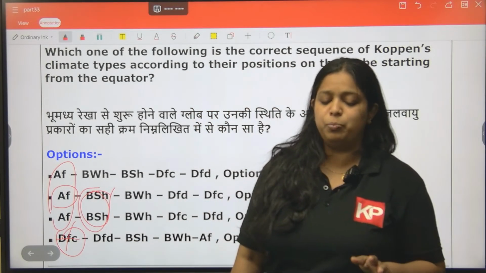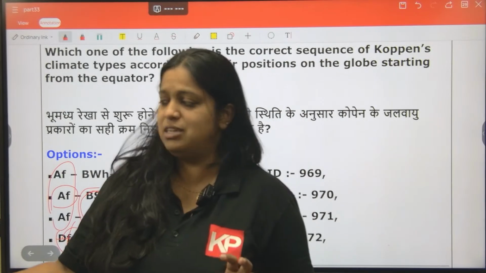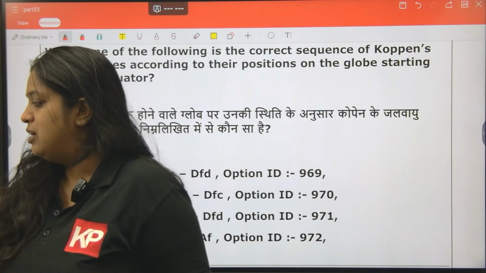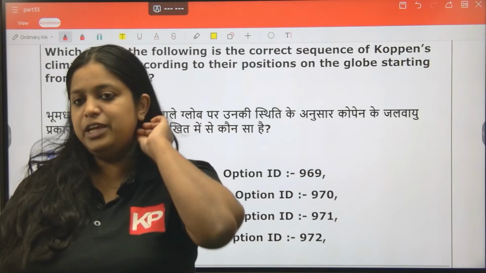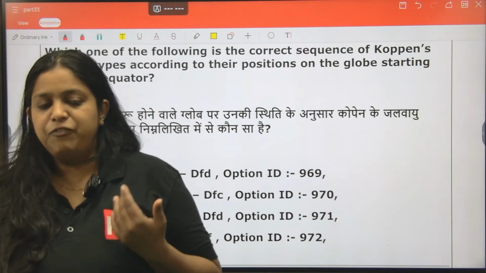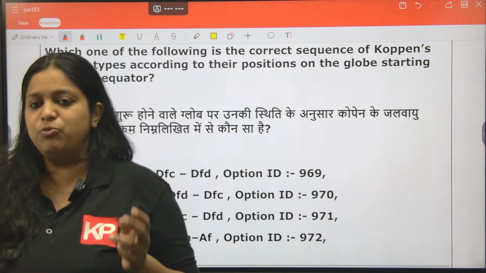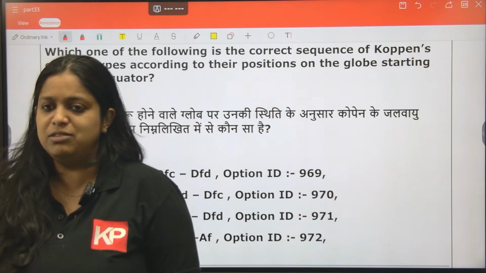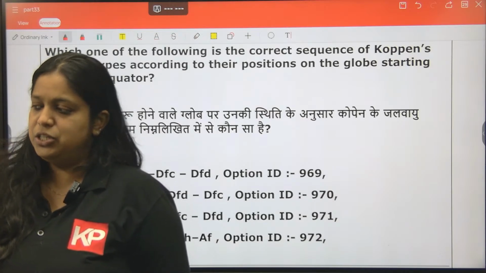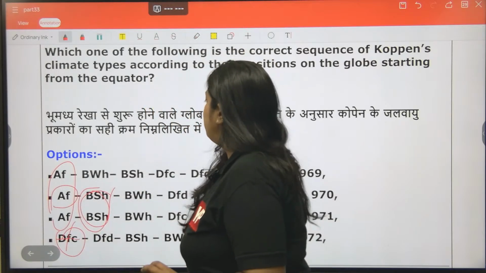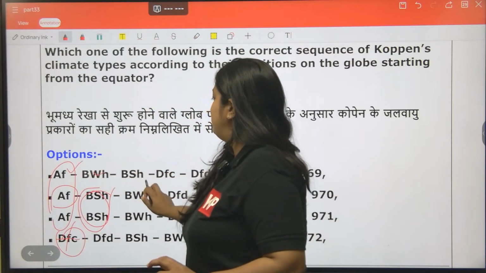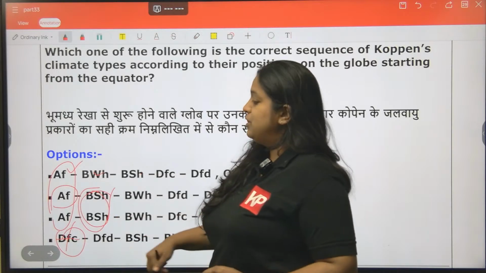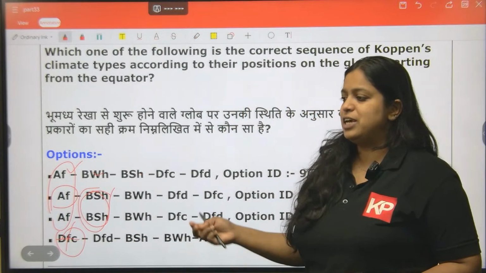Please revise the Köppen's classification that we discussed in the class. It is very important. Every time they ask a minimum of 4-mark questions, so it will always come in the NET examination. If you know what each of these symbols means, we can answer with common sense.